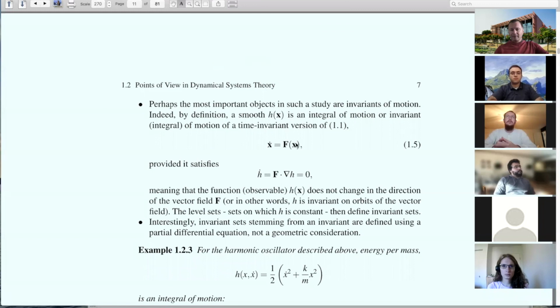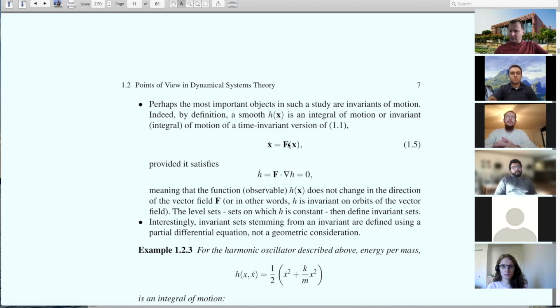So if you think about trying to understand data in general, trying to understand a dynamical system, one of the things that you would like to know is: is anything invariant under the motion? So all of you have background in physical sciences, largely.